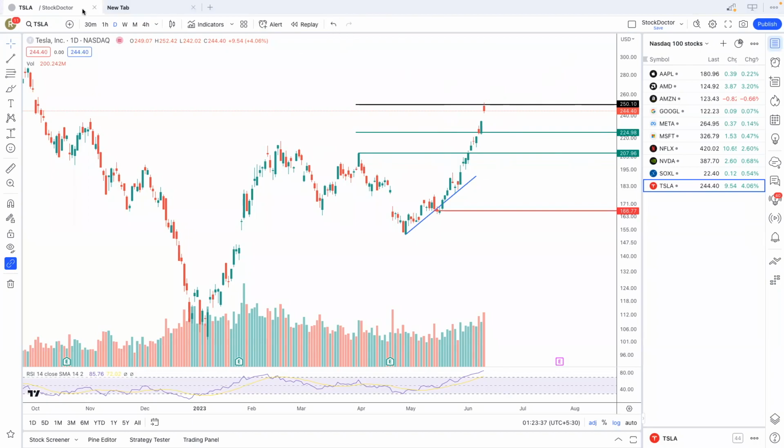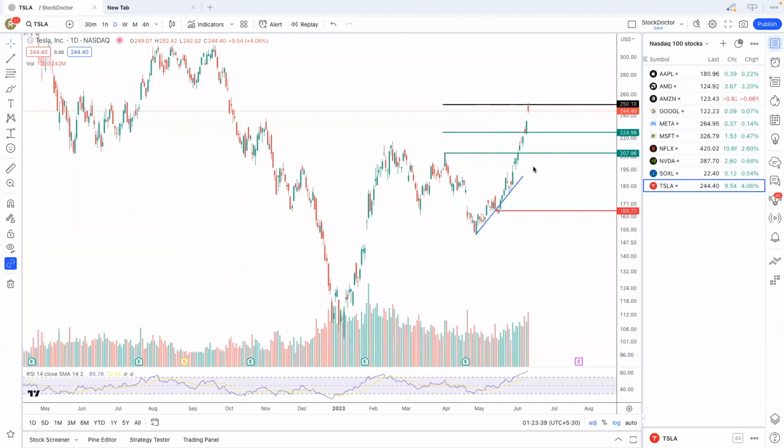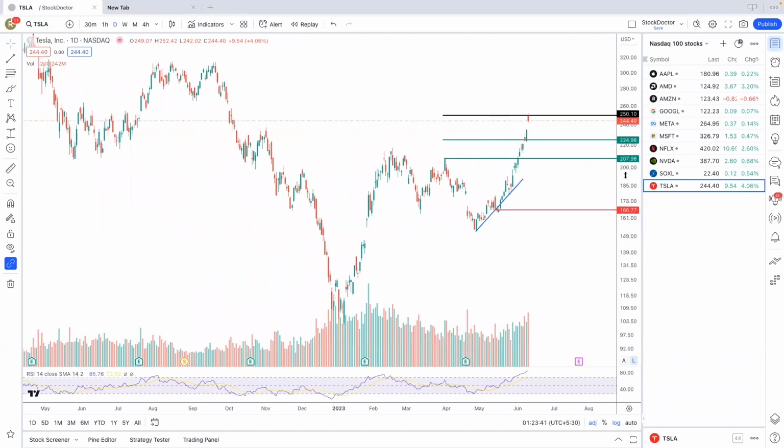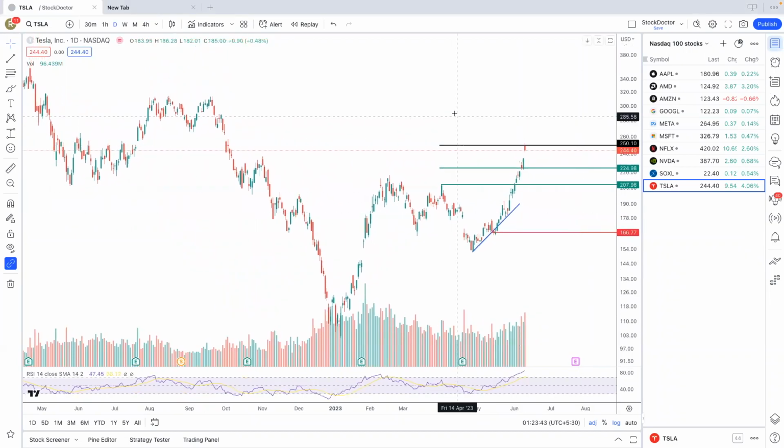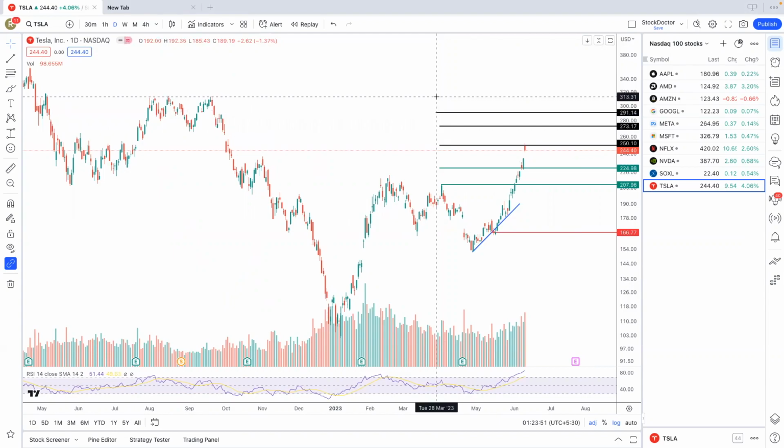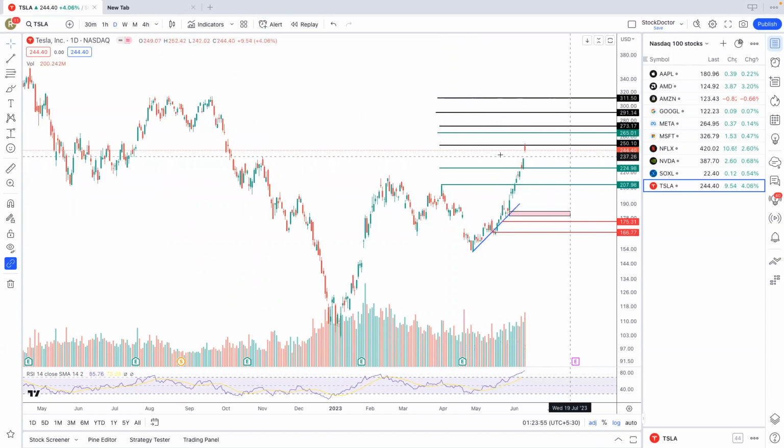If Tesla crosses 250, then we are going to see the targets of 270, 290, and 310. These are the three targets which I'm seeing for Tesla.